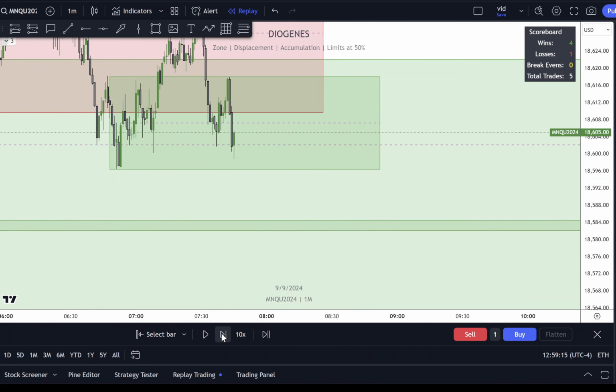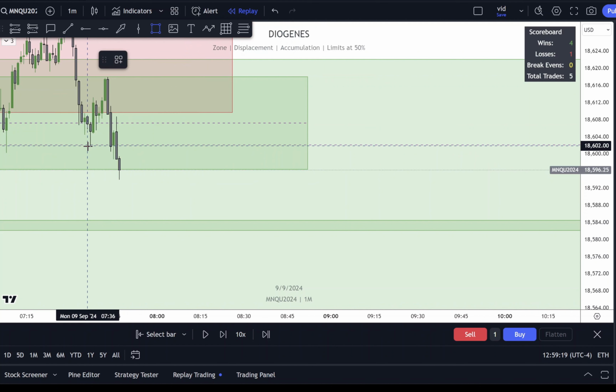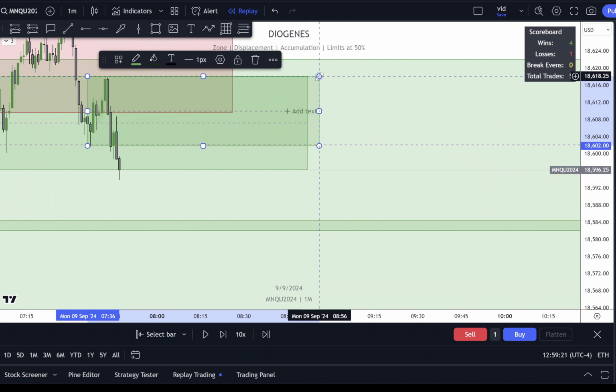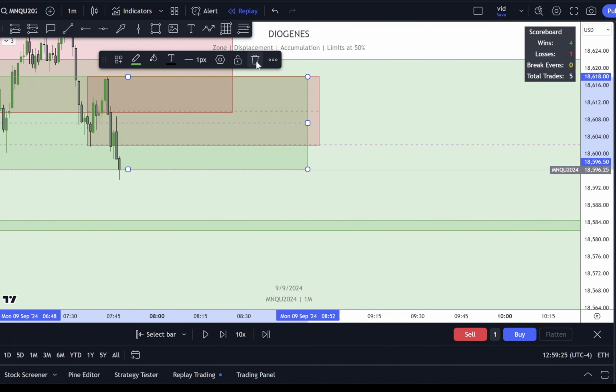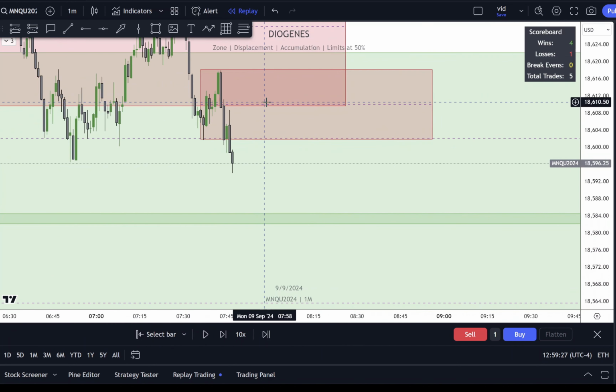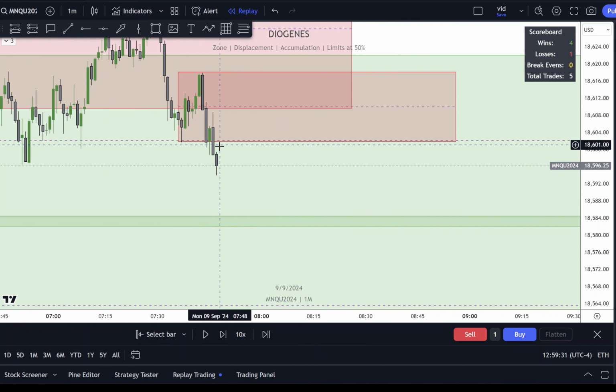Okay, so this is now another bearish zone. Okay, because we follow a narrative now, but they didn't mitigate the 50%. But if you took it with the golden bullet, that's a beautiful win.